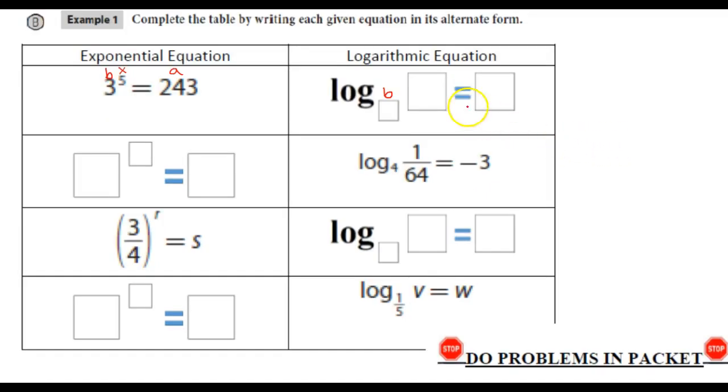Now one student actually let me know that logarithmic and exponential are very similar because the base value comes first for both. The only difference is that your a and x trade places. That's really the only difference.